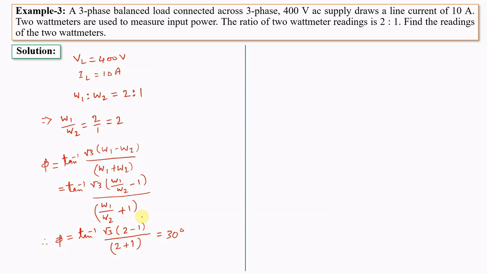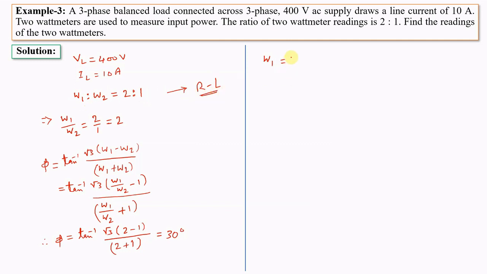Now, the reading of the first wattmeter W1. First of all, you have to identify what is the nature of the load here. From the ratio of two wattmeters, it can be seen that W1 is to W2 is equal to 2 is to 1. That means the reading of the first wattmeter is greater than the reading of the second wattmeter. So definitely the nature of the load is RL type.